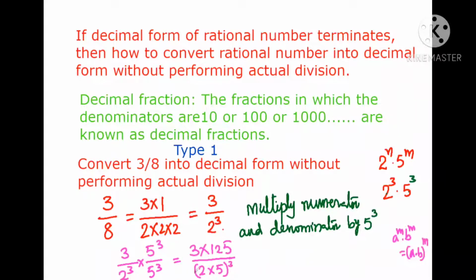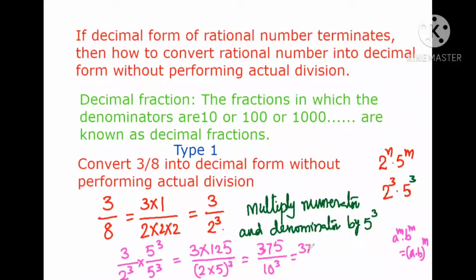So according to the laws of indices, we can write this as 2 into 5 whole power 3. By multiplying this, we get 375 by 10 cube.